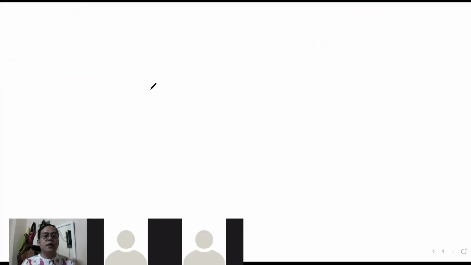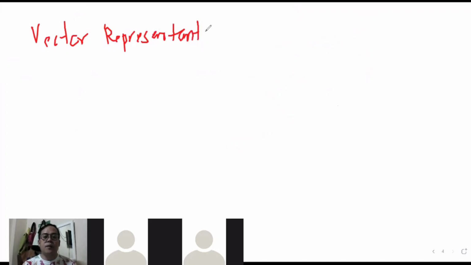All right? Vector representation. Okay, so vector representation: our vector is represented by an arrow.